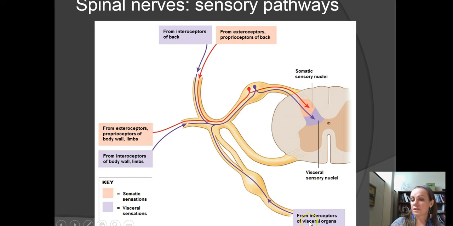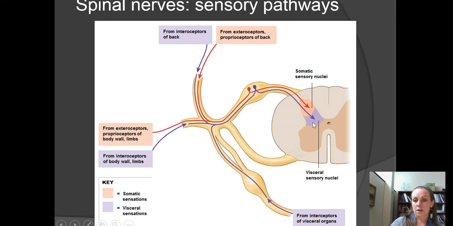If it's coming from internal organs, then it comes up through the sympathetic nerve, sympathetic ganglion, communicating rami, spinal nerve, dorsal root ganglion, dorsal root, and then to that lateral gray horn.